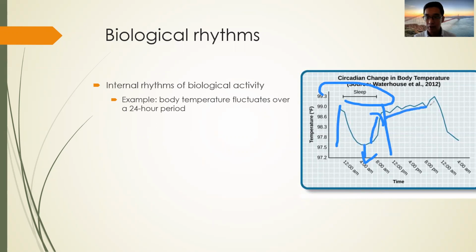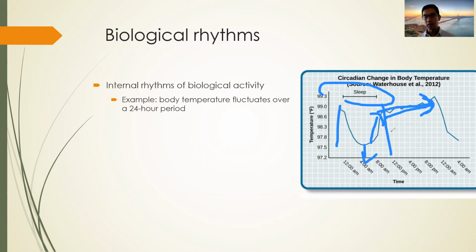And it reaches the peak, the highest point, at about 10 p.m. So when people are awake, their body temperatures are pretty high. But when people are sleeping, their body temperature is really low, and it fluctuates.